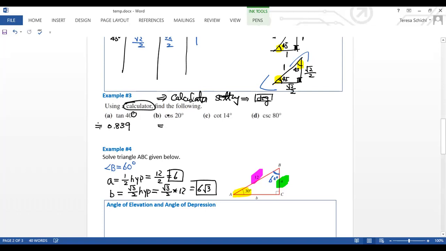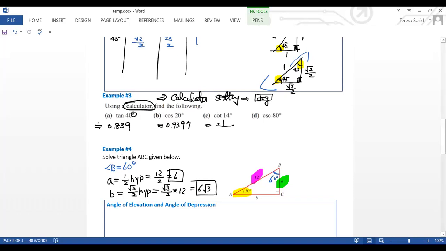Then the cosine: you put cosine 20, and you will get 0.9397. Most calculators do not have a cotangent, but the cotangent and the tangent are reciprocals. So cotangent is 1 over tangent. You put tangent 14 here.